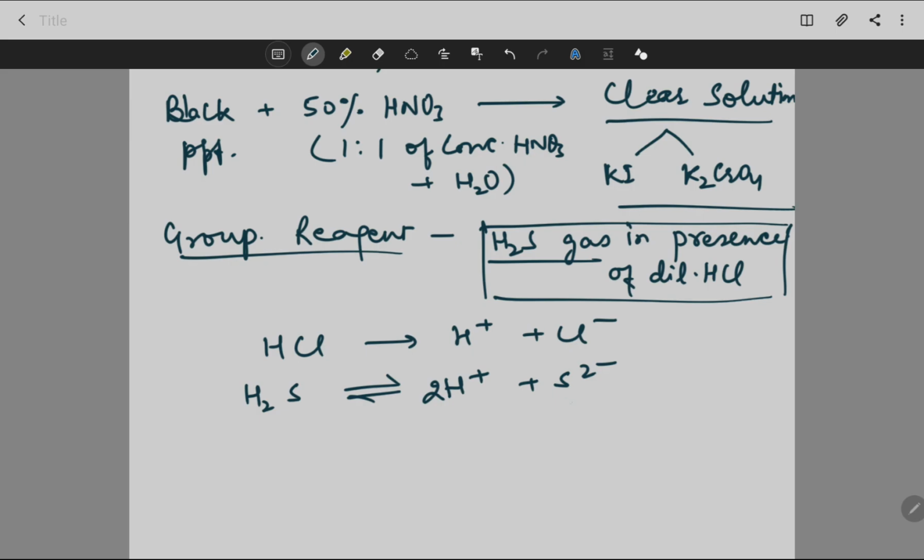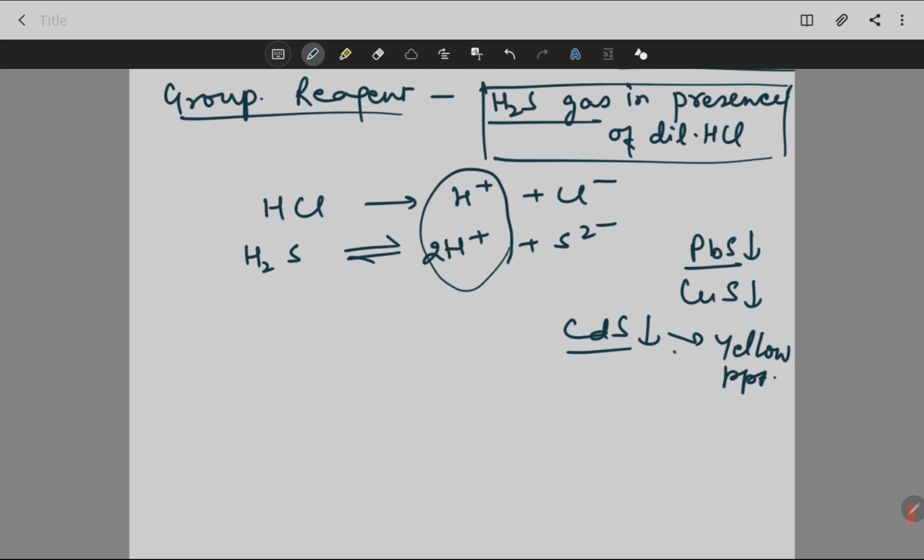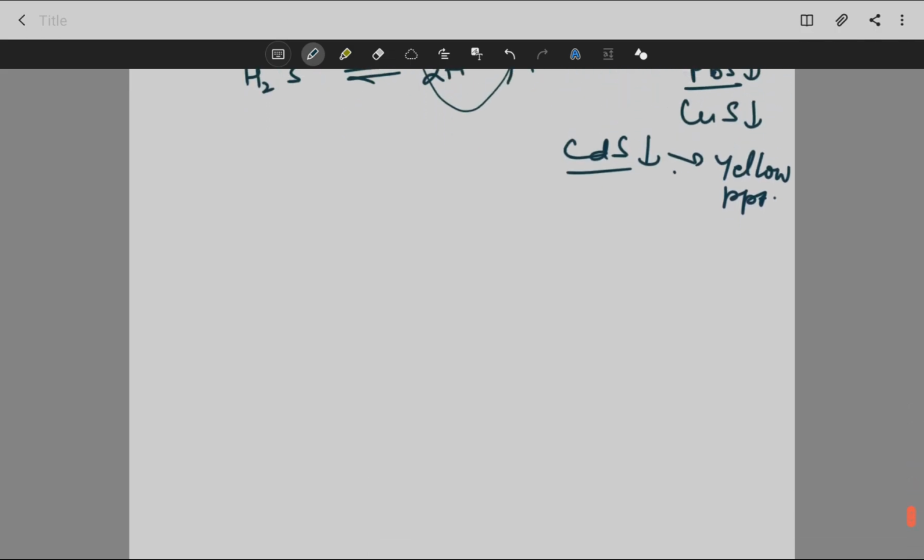Because of this common ion, the solubility product of the sulfides formed here, lead sulfide, the black precipitate, or copper sulfide, the black precipitate, or cadmium sulfide, the yellow precipitate, will be low, which is why they are precipitated in group 2 like this. So this is all about group 2.